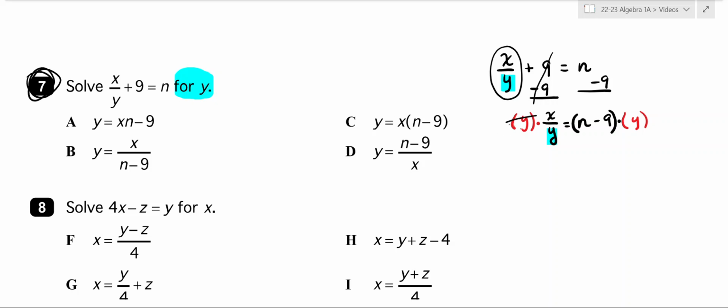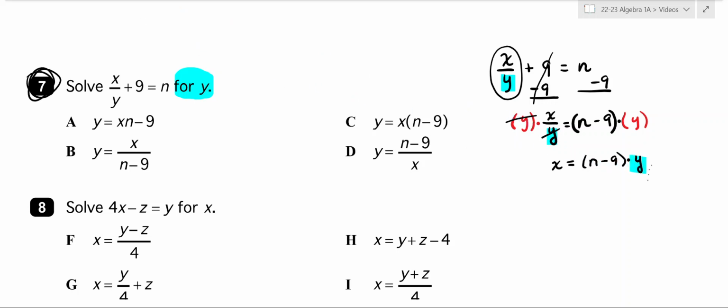The y's cancel. And we're left with x equals n minus 9 times y. Okay.